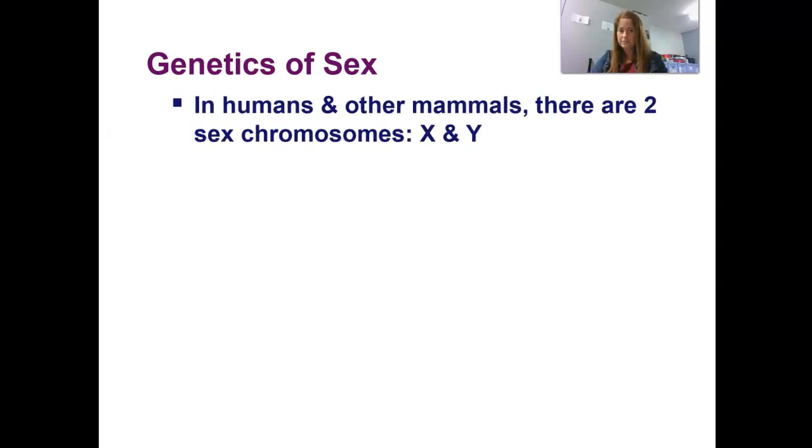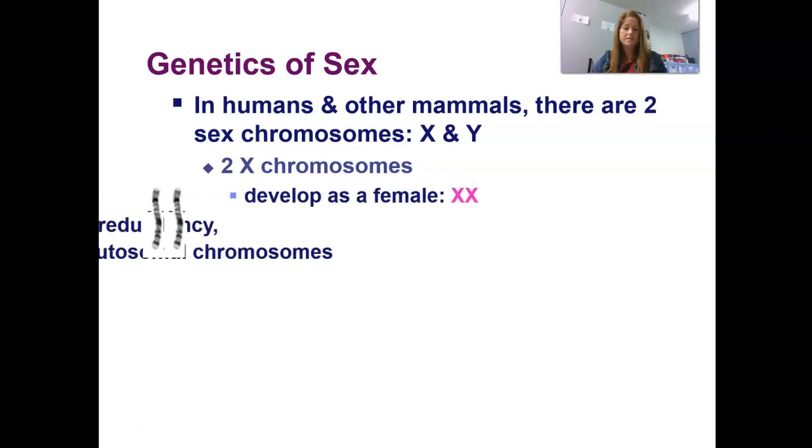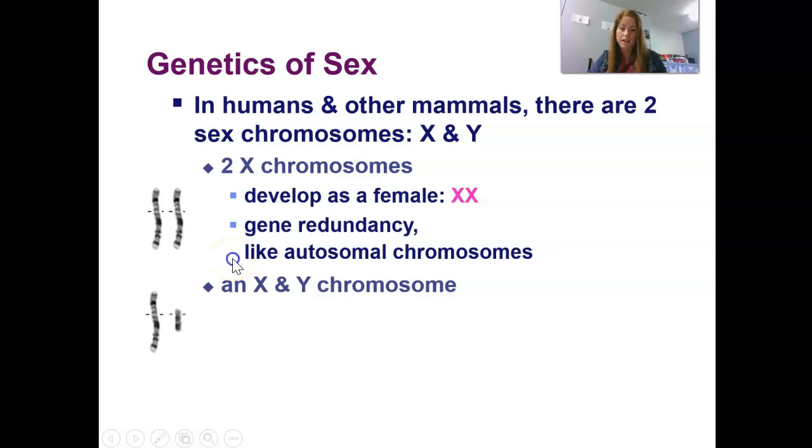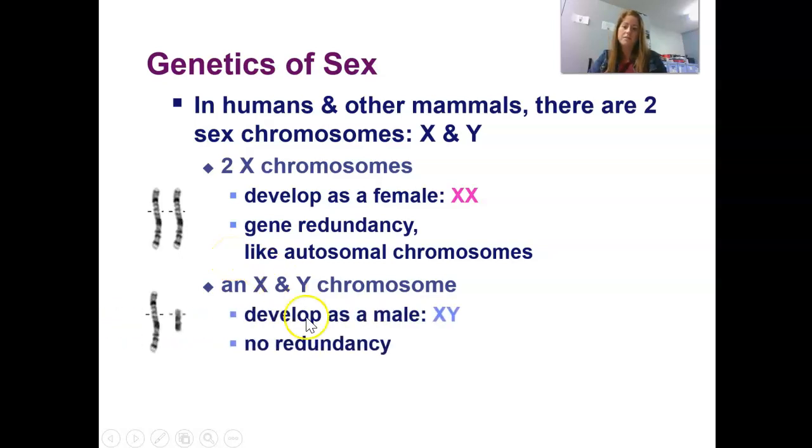And so we know there's 2 sex chromosomes. You either have 2 X's, develop as a female, and are assigned female at birth. And that is a bit of redundancy, meaning you really only need 1 X, because obviously males live fine with just 1 X. And so there's no redundancy there. There's a Y chromosome.